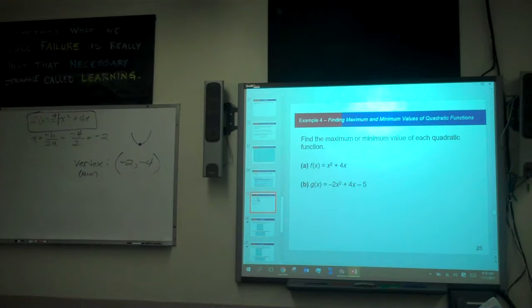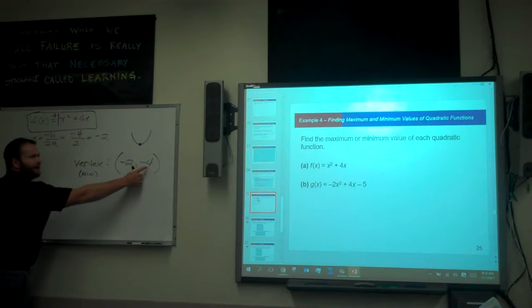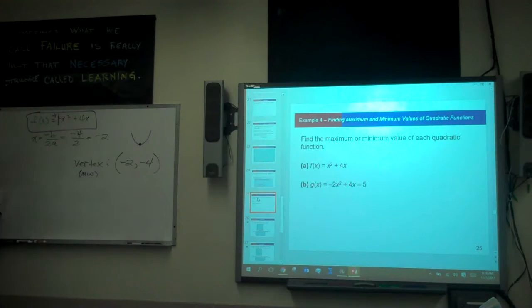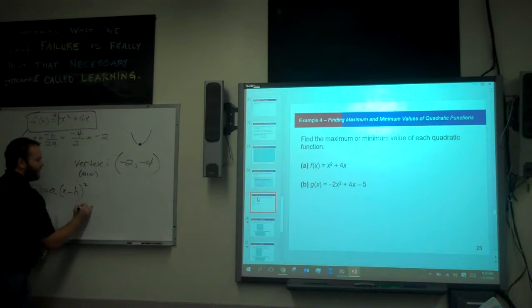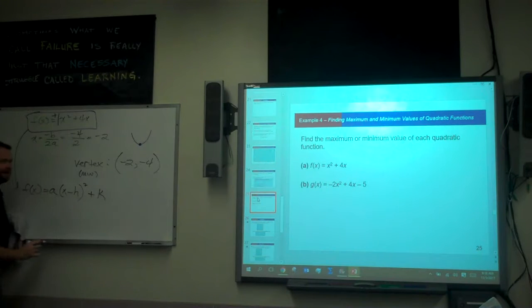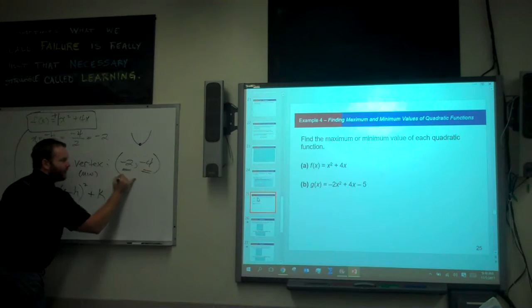So that's all the information inside completing the square. But we found, using maybe a little bit easier technique than c minus b squared over 4a, that negative 4. But now that I know the vertex, shouldn't I be able to take that function and rewrite it in this format? Some a times x minus some h squared plus some k. And those h's and k's are those two things.